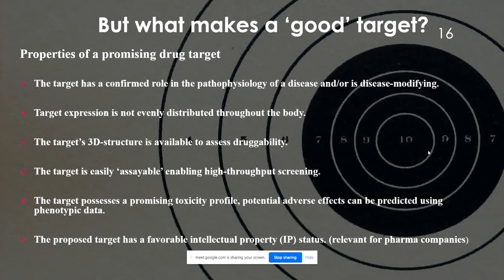The NMR structure gives you an average structure, but the X-ray structure gives you a much more detailed structure. Of course, sometimes when you don't have any structure, you have to go through NMR. Both NMR and X-ray are good, but if you have a choice between the two, obviously select the X-ray structure.